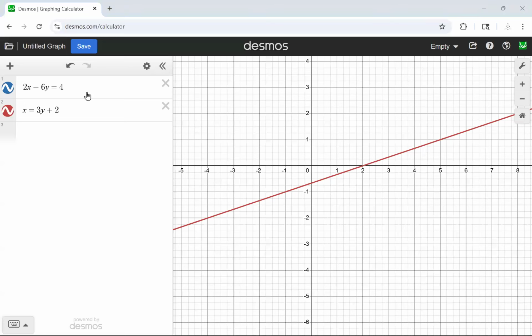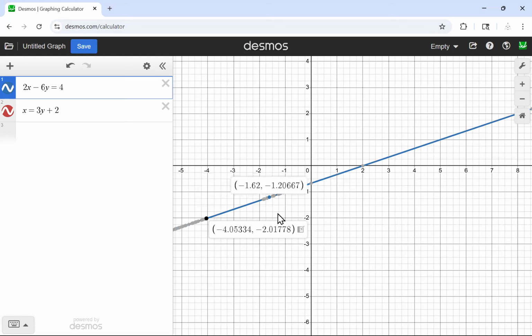So I've graphed both of these lines, and you can see that if I highlight each of them, it highlights the actual same line. So every point on this line, every point on each is shared, and so there's infinitely many points where those two lines intersect.